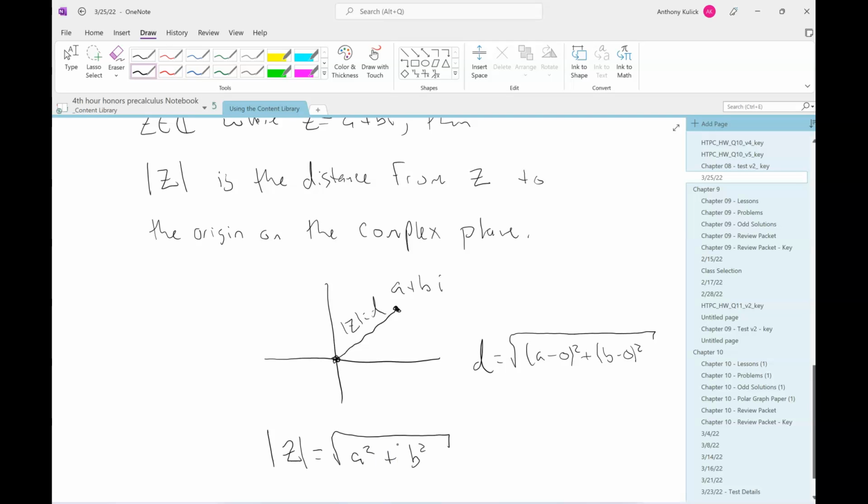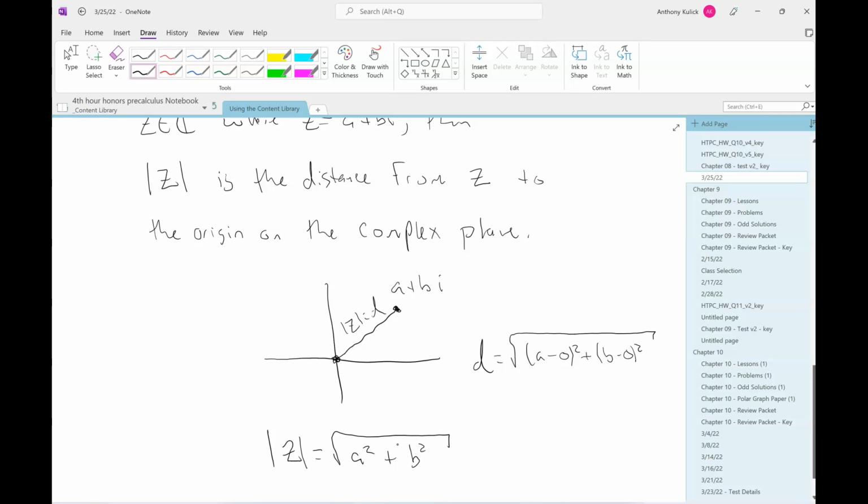That looks pretty familiar, guys, doesn't it? What does that look like to you? Looks like the Pythagorean theorem. Yup.